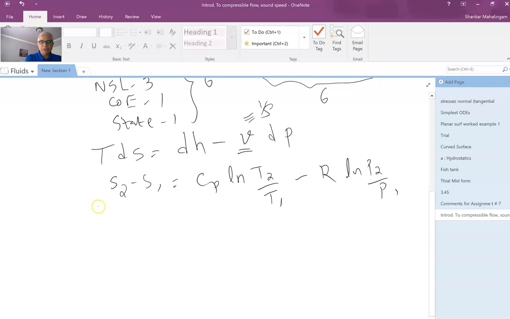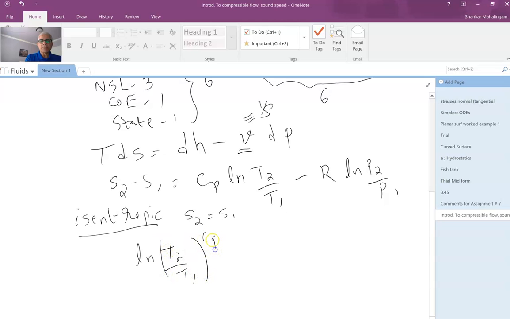And if you assume the flow is isentropic, the word isentropic means there's no change in entropy. So in other words, S2 would be equal to S1. If we did that, clearly Cp ln of T2 over T1, and I can raise this to the power Cp. That gives me this term right here.